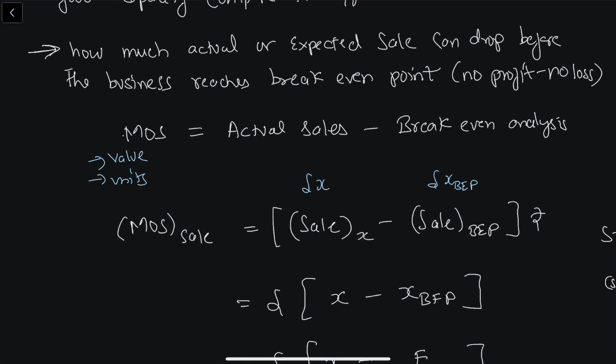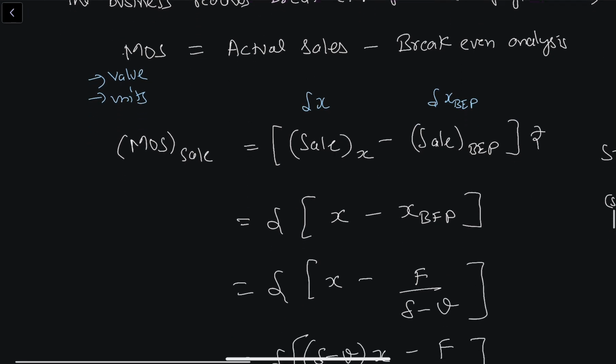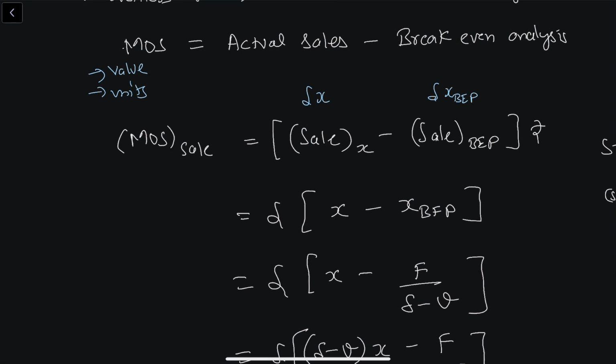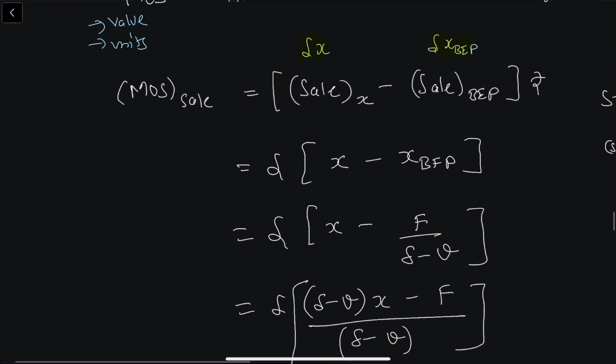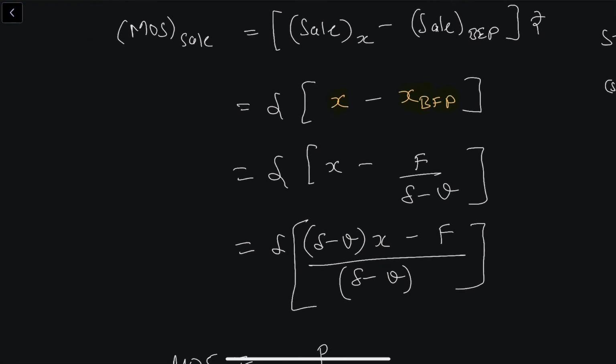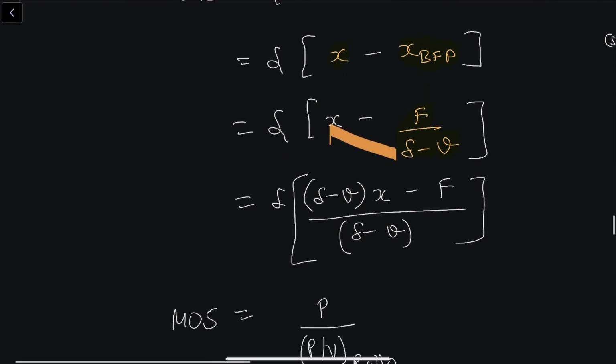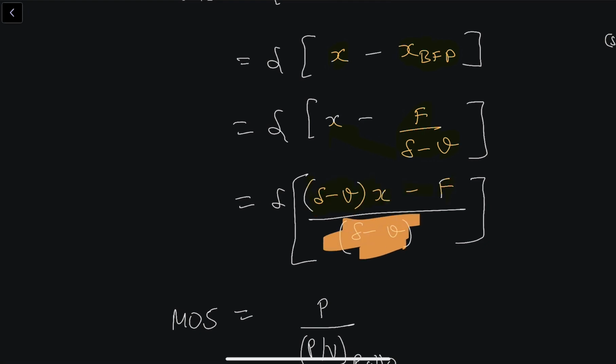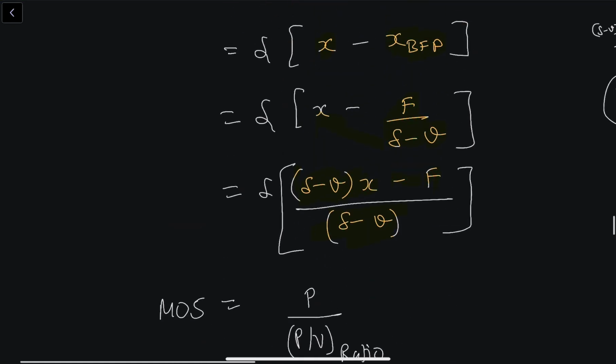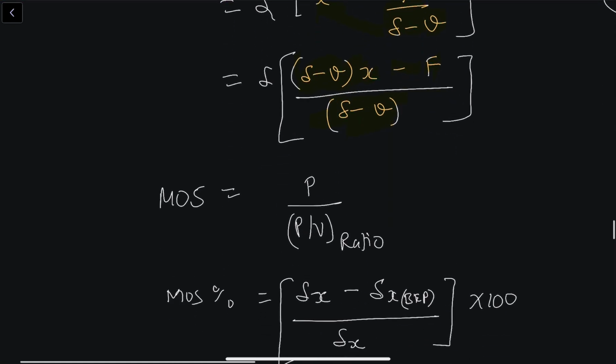This can be written in terms of value and in terms of units. In terms of value, I will write it as sale at X minus sale at BEP. Sale at X is delta into X, and sale at BEP is delta into X BEP. If I take delta common, then X minus X BEP will be there. And for X BEP, I can write F upon delta minus V. If I take this up, I form delta minus V into X minus F, upon delta minus V. So what conclusion do I get from here?